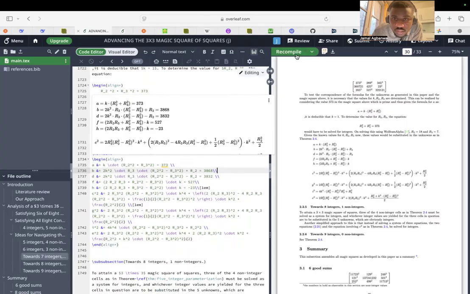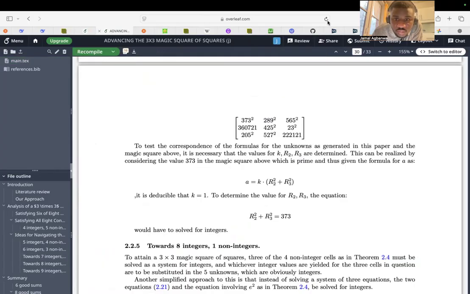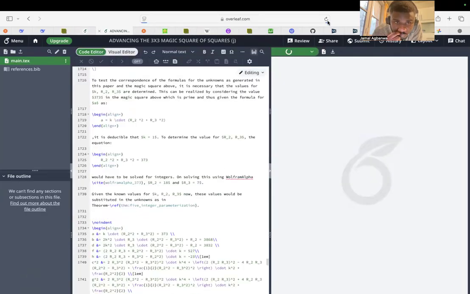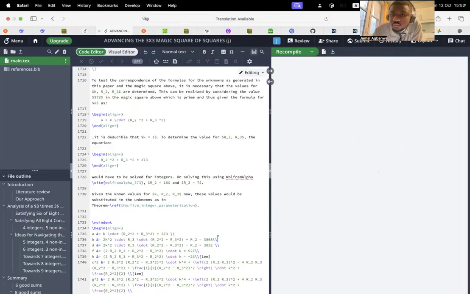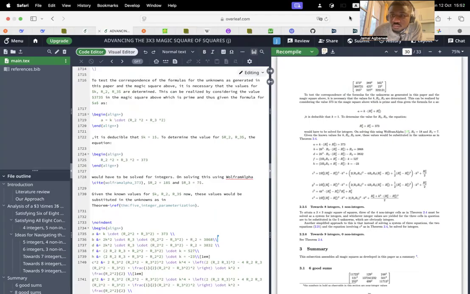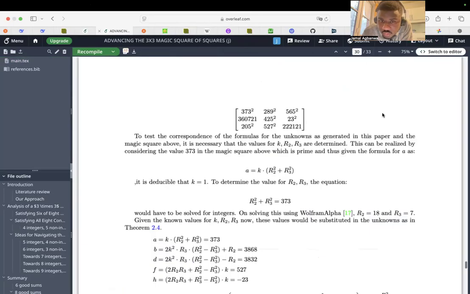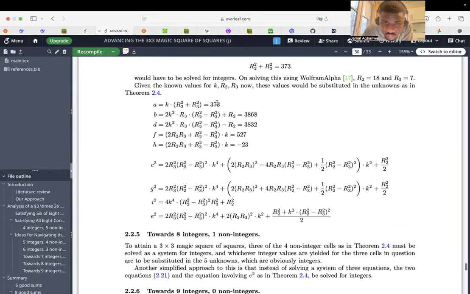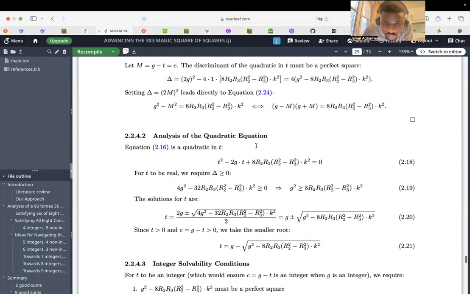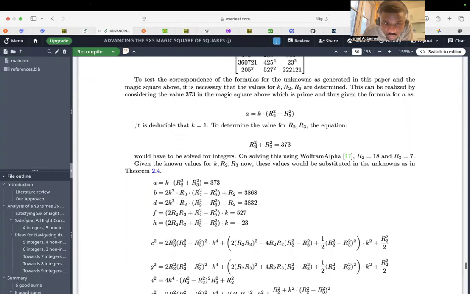Let me compile it and show you what I'm getting. So you can now see over here that I'm getting this. For this, it even looks somewhat similar. But when you look at this graph here, I'm seeing very wonderful things.